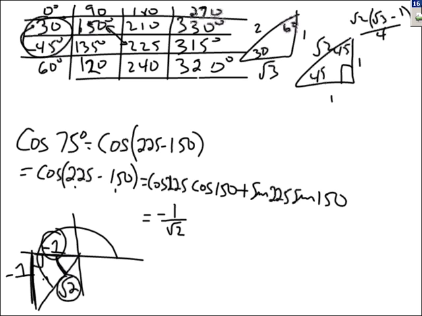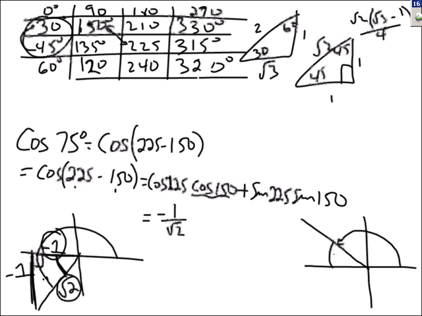And now we want to multiply this by the cosine of 150. Well, 150 is in quadrant 2. If you went 30 more, you would have gone to 180. That is, the reference angle is 30. Opposite 30 is 1, hypotenuse is 2, adjacent is square root of 3.